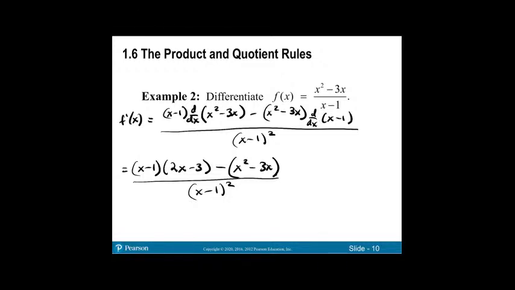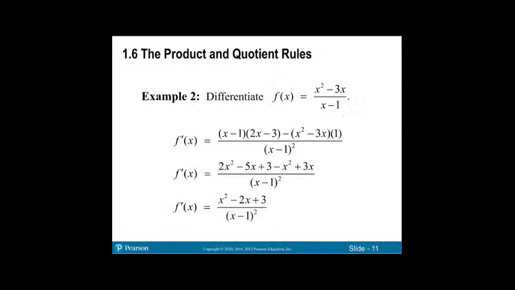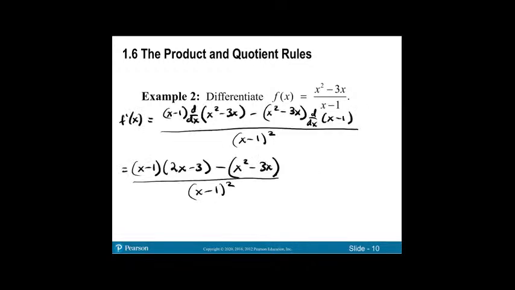Let me see, because we could distribute and expand. It just depends on how far they want you to take it. Let me see. Okay, let's go ahead and expand it. So the first part becomes 2x squared minus 3x minus 2x is minus 5x plus 3 minus x squared plus 3x over x minus 1 squared.